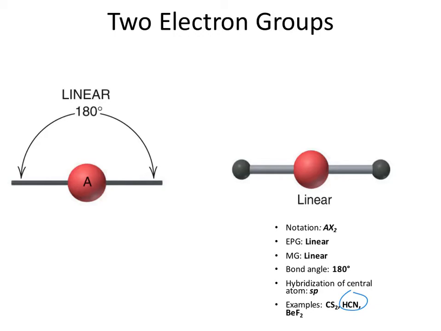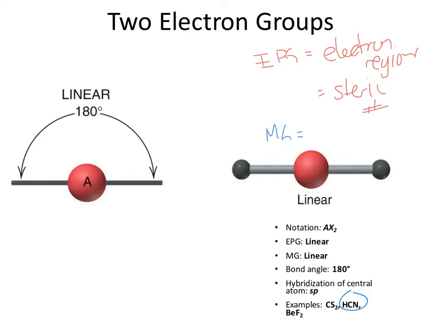Now, what's the difference between electron pair geometry and molecular geometry? Our EPG, as we call it, electron pair geometry, is just all the electron regions. So in that case, that's basically going to be equal to our steric number, as we said before. Our molecular geometry is going to be looking at just the bonded atoms.